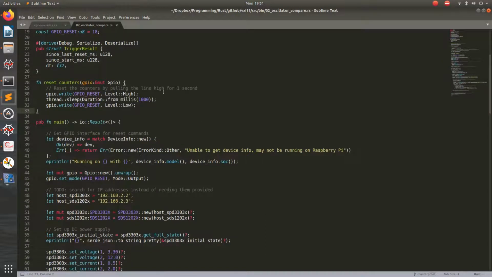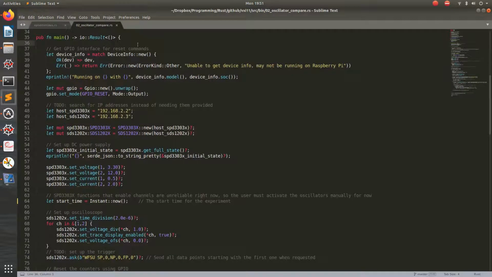Below that we've got a function that resets the counters. Like I was saying when I was showing the setup, it does this by pulling one of the GPIO pins high. It pulls it high and holds it for 1 second, so plenty long enough, and then brings it back low, and that's what resets the entire set of counters.